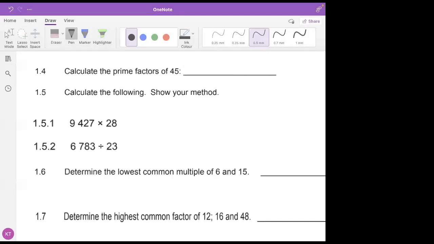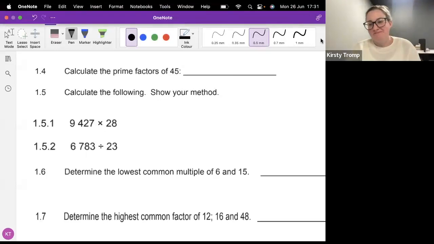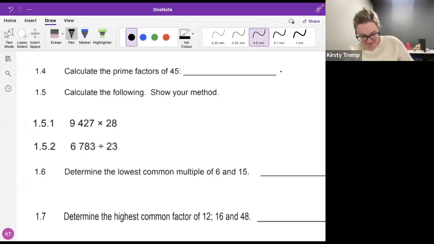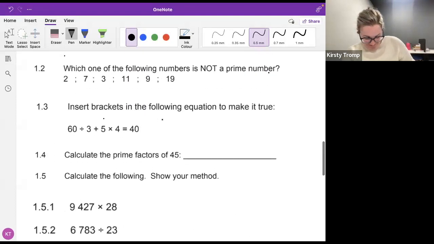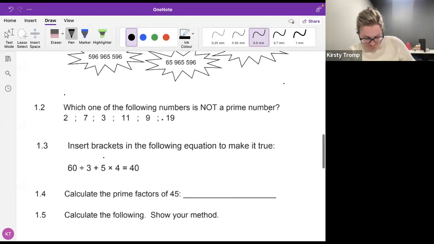Grace, how can I help you? Hello, sir. I just wanted to ask how can you calculate a prime number, because I forgot how to. Okay, so a prime number is any number that can be divided only by itself and 1.